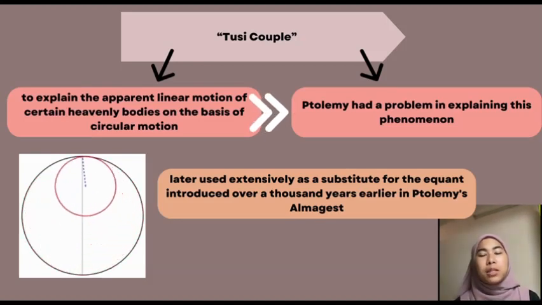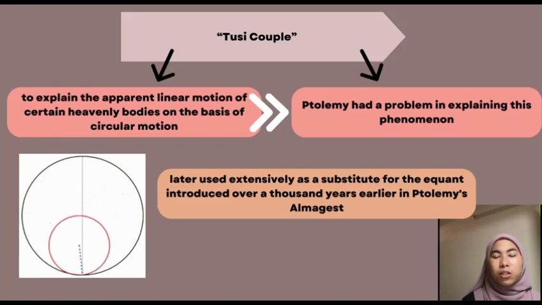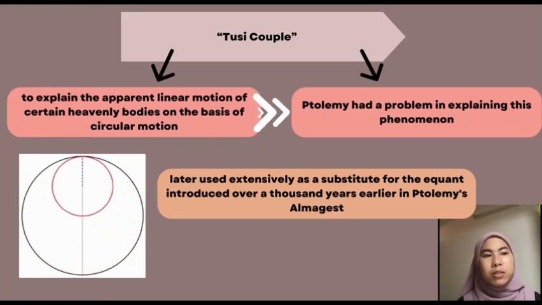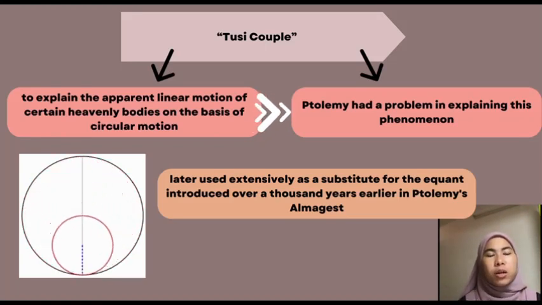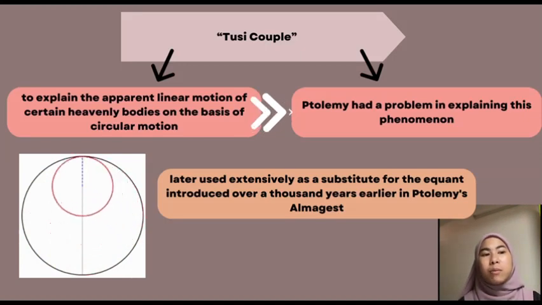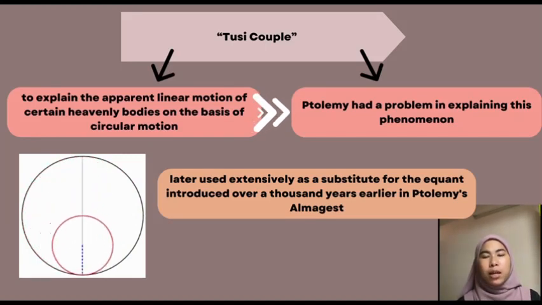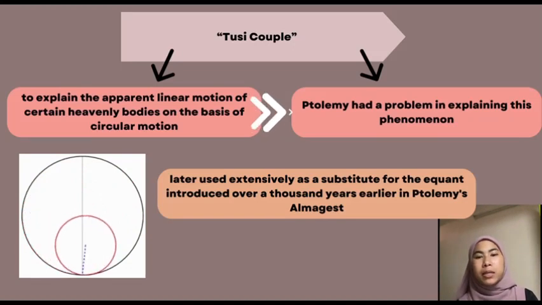As a result, it has been used extensively as a substitute for the equant introduced over 1,000 years earlier in the Ptolemaic system. The Tusi couple was used to replace the study made by Ptolemy in his book, the Almagest.